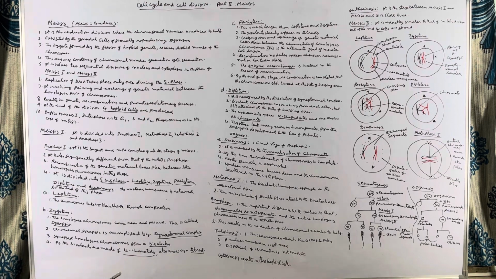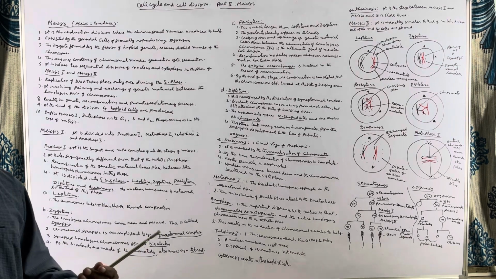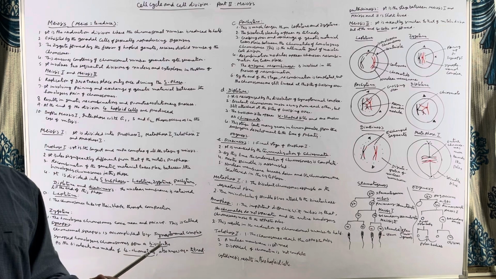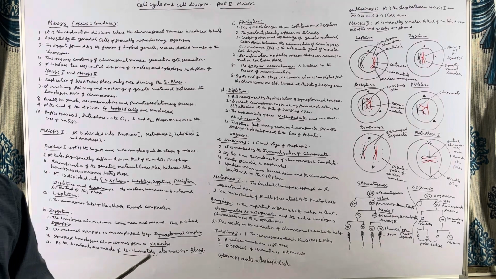So in this way, the prophase 1 is divided into 5 subphases. Coming to the first subphase, leptotene. One more point is, during entire prophase 1, the nuclear membrane remains intact and all the changes take place inside the nuclear membrane.